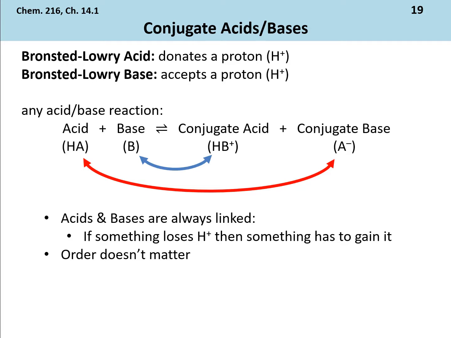A lot of times we use abbreviations. Acids we can abbreviate as HA, A being for acid, H being the fact that it has a hydrogen. When it loses that H, it becomes A-. We call bases B, and a base gains an H+ to become HB+.